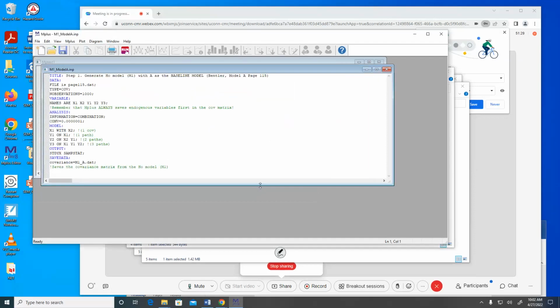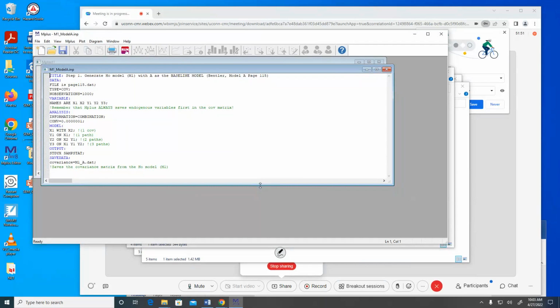So this is actually the first input file, for model 1. Well, there's data too, but this is the first input file. And it's literally that model that we were just looking at on the PowerPoint slide. So we've got our data file.